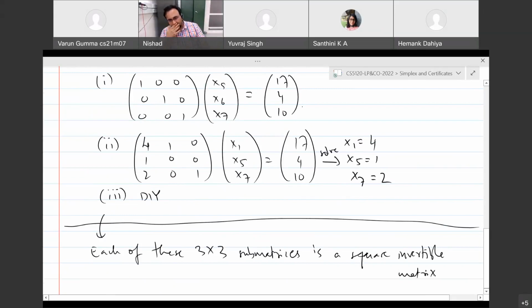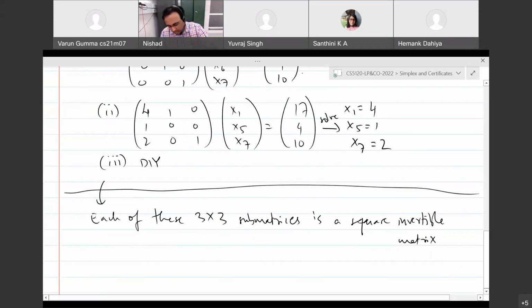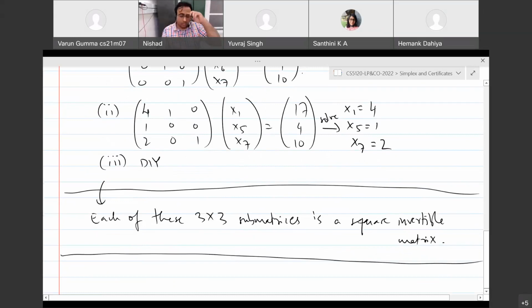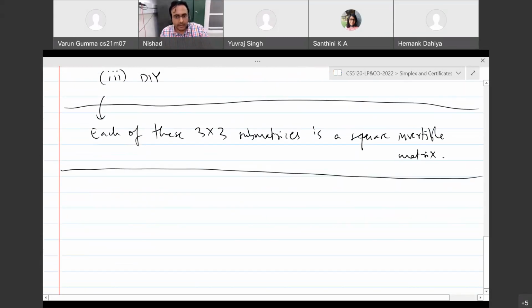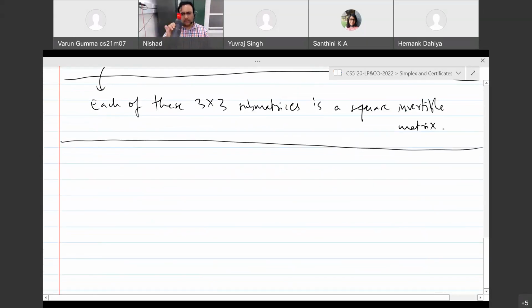Right? That's the key point I want to make here. And now I want to use this observation to talk about some linear algebraic concepts that we will be referring to throughout the course, especially in the next 2 modules, and maybe even after.